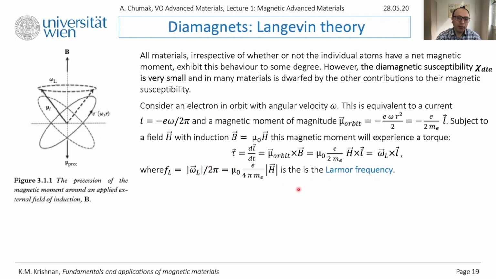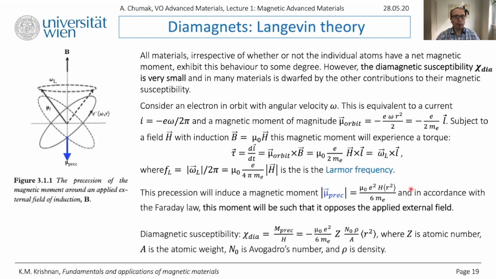The next question you have to ask is what happens now, how this precession influences the magnetic response of our material. And this is very easy, because this precession will induce a new magnetic moment, which can be found like that. You can check all the steps in the textbook, how it's derived. Here I just briefly explain the main idea.